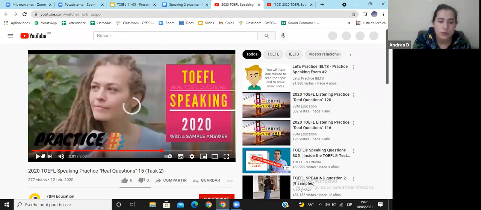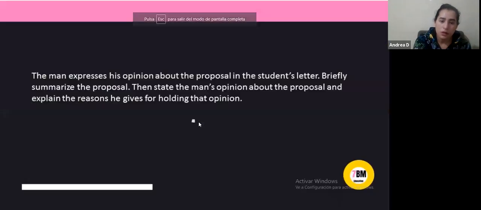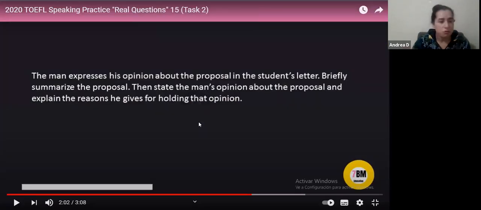All right, so here it is. This used to be the question. It was: the man or woman expresses his opinion about the proposal in the student's letter or in the university's announcement. Now, briefly summarize the proposal, then state the man's opinion about the proposal and explain the reasons he used for holding that opinion.